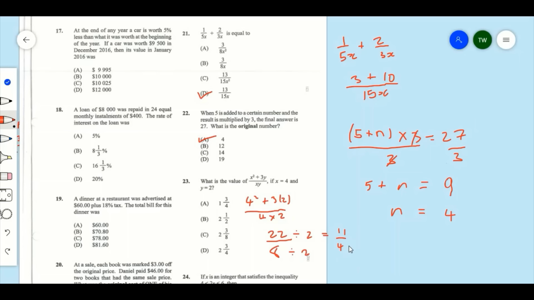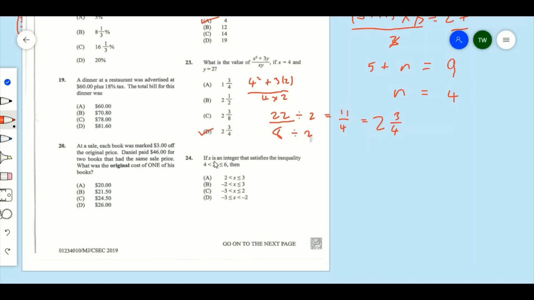And 11 over 4 as a mixed number, we can get 2 groups of 4 out of 11. Keep our denominator of 4, and the remainder is going to be 3. So therefore, our answer is going to be D, which is 2 3/4.